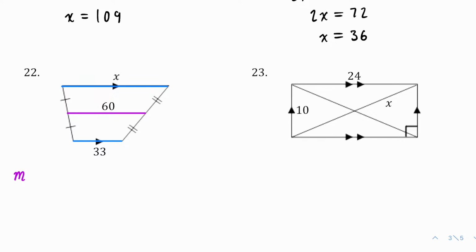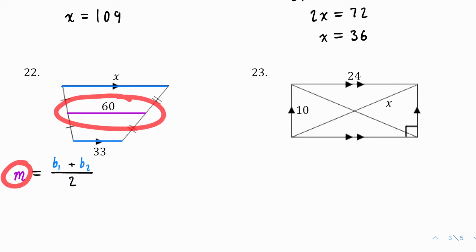The mid segment is base 1 plus base 2 all over 2. Doesn't matter which base is which. That's why I made them both blue. They can be interchangeable. But what you cannot forget is that the mid segment always goes where the M is.